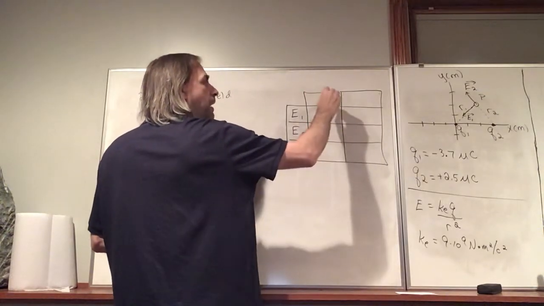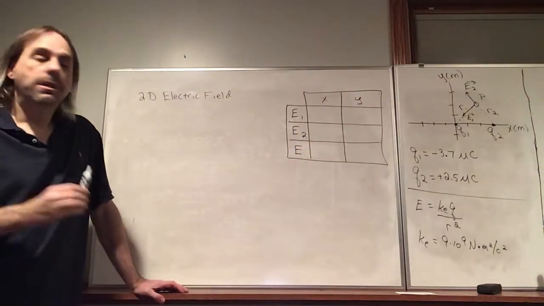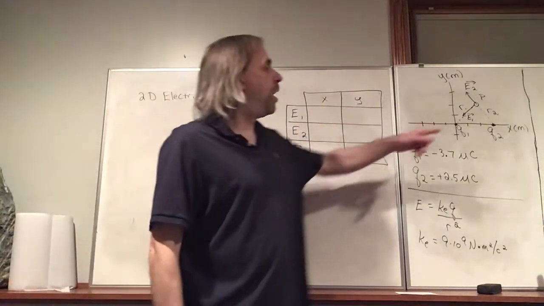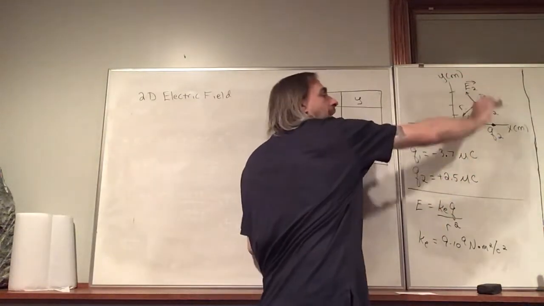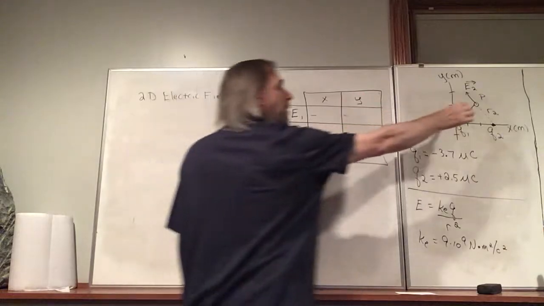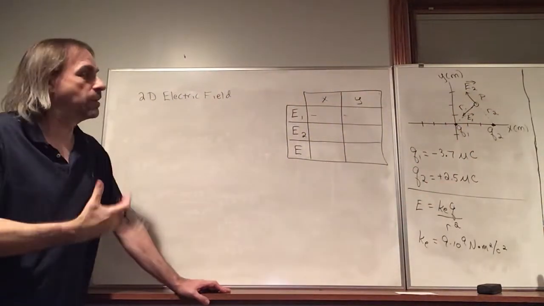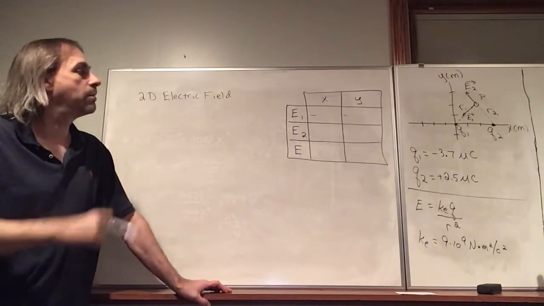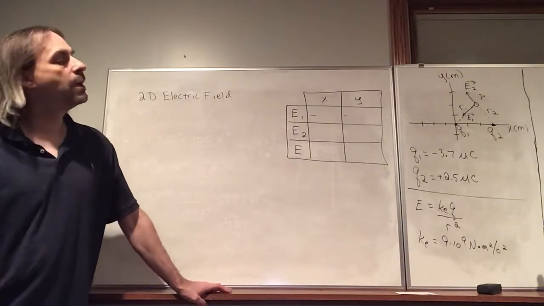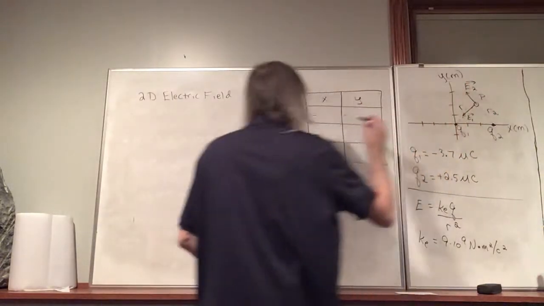And then we have our x and y directions. Right off the bat, if we look at E1, the x and y components are both negative. If you're here, the arrow's pointing down and to the left. Those are both the negative directions for our standard coordinate system. For E2, we go in the negative x direction, positive y.